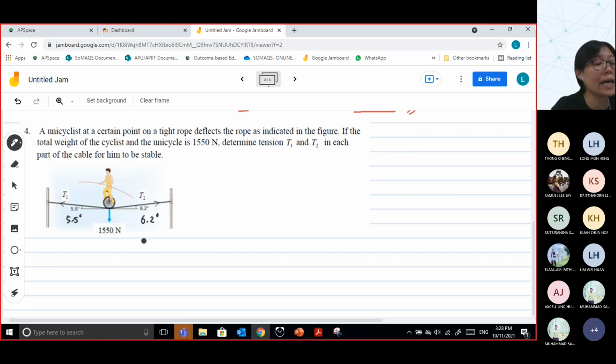If anyone has already done, you can snap a photo of your solution and share it in the chat box.